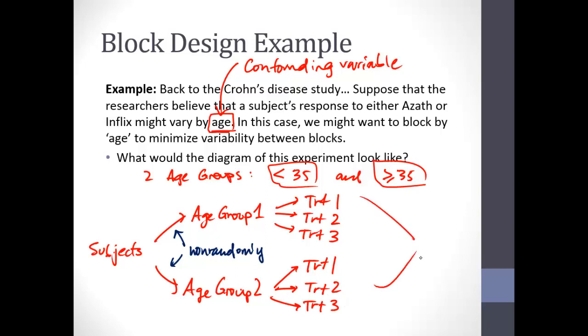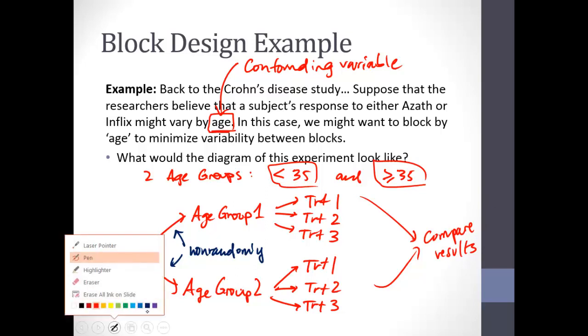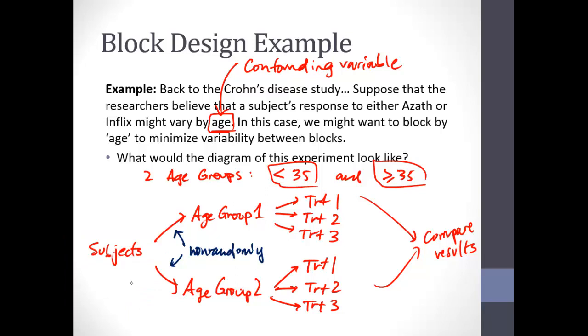And then I can come back and compare my results. One other note that I'll make here is once I've split my people into age groups, then I do as usual.